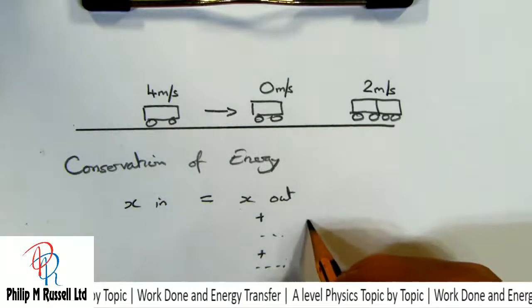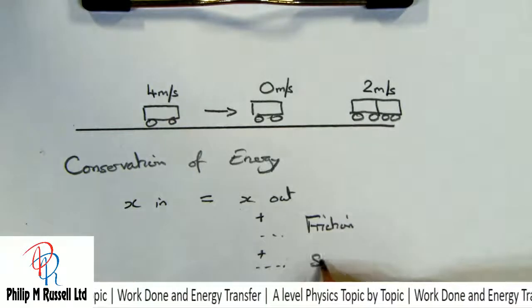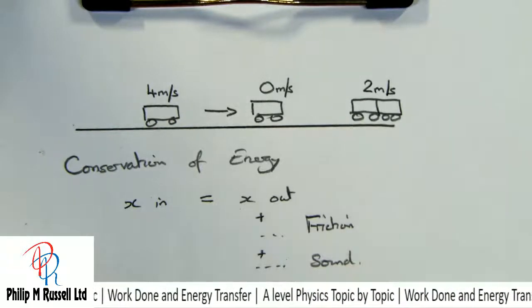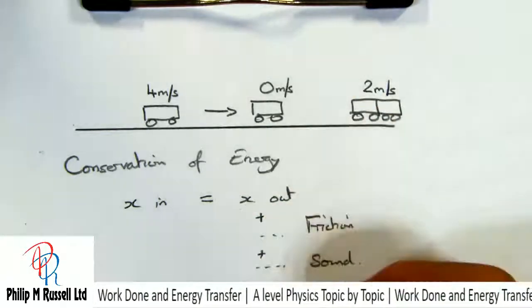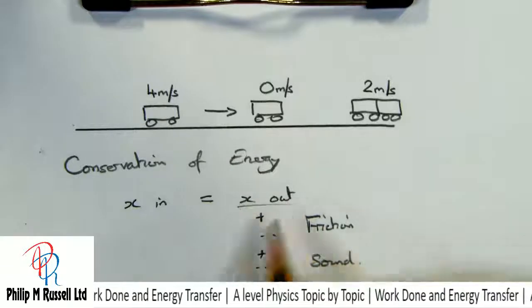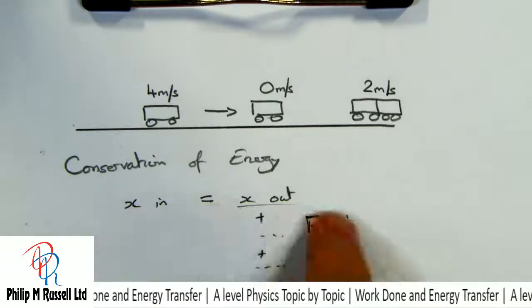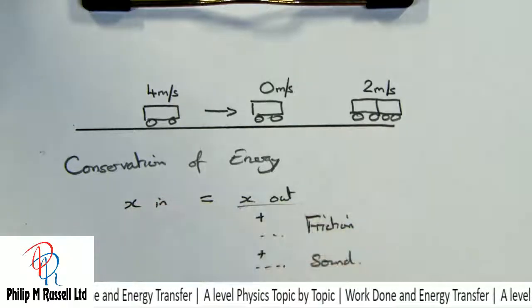There might be friction involved, there might be something like sound involved, but if we add all those up, they make that value X. And that is this idea of conservation of energy.